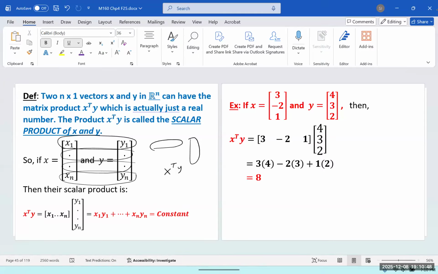So if you have two vectors, 3, -2, 1, and 4, 3, 2, then their dot product is 3 times 4, 12, plus -2 times 3, which is -6, plus 1 times 2, which is 2. So when you add them, the result is 8. That's the scalar product of x and y.